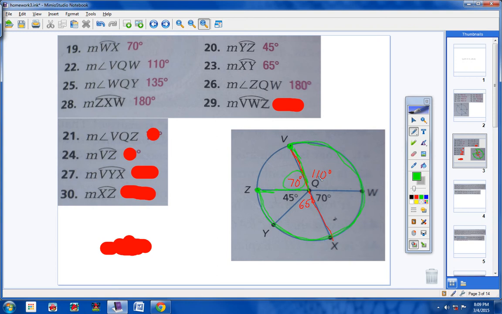So instead of trying to add up all those angles, I would just take 360, which is the total of all of these angles together, and subtract out 70 degrees right here. If you take 360 minus 70, you're going to get 290 degrees.